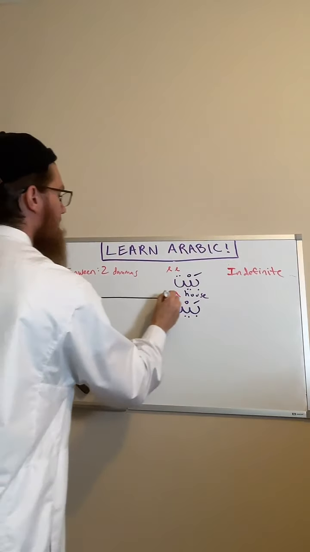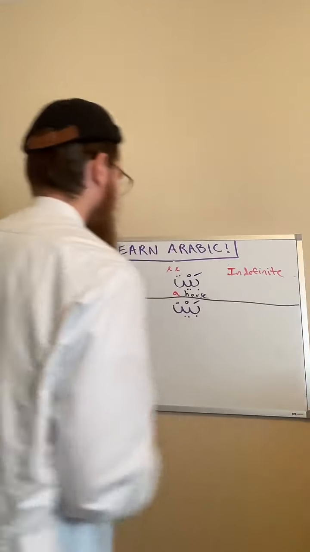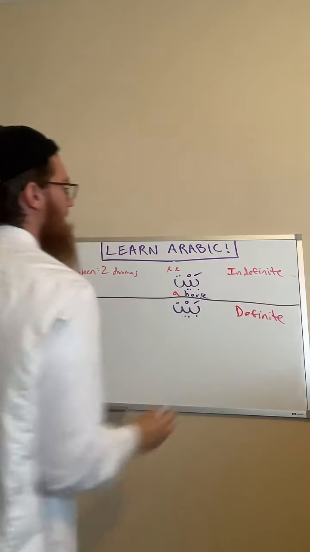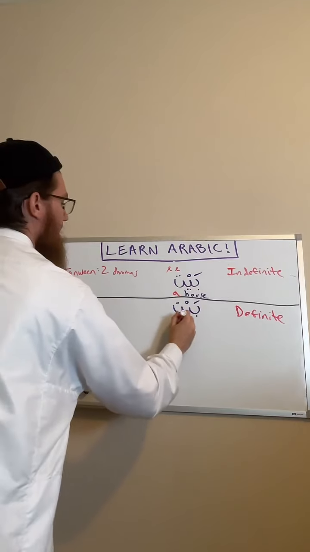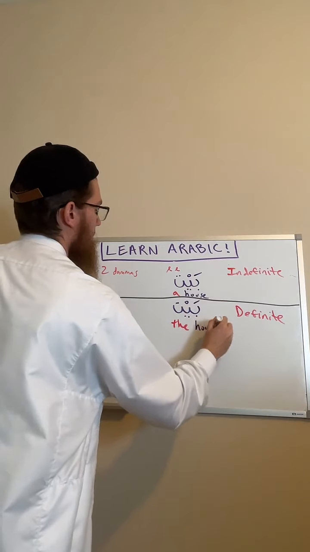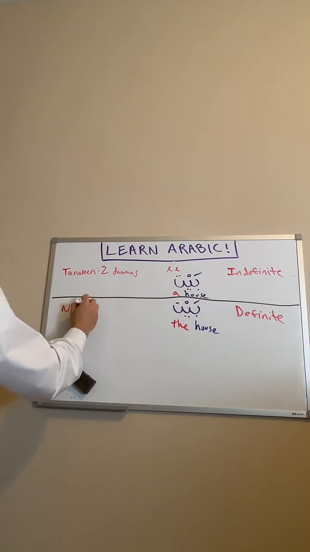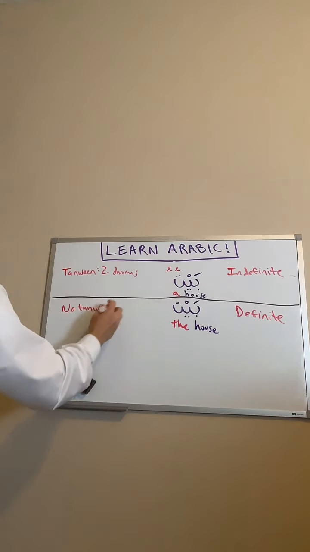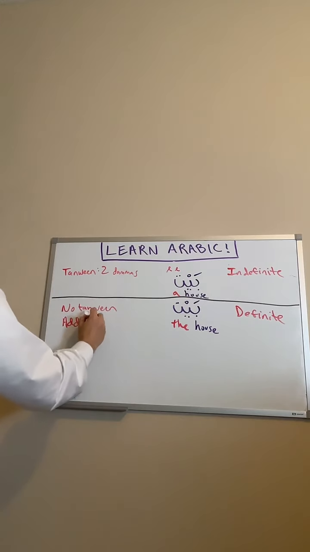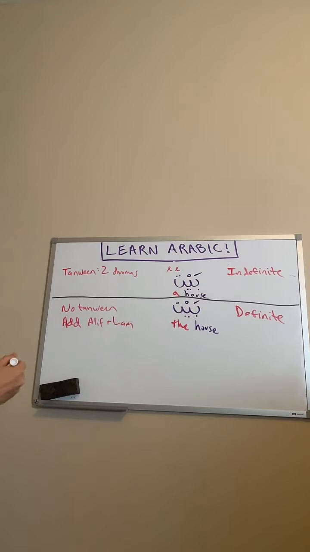And the difference between definite and indefinite, if we want to make it definite, we want it to be the house, then there's no tanween, and we add alif and lam in the beginning.